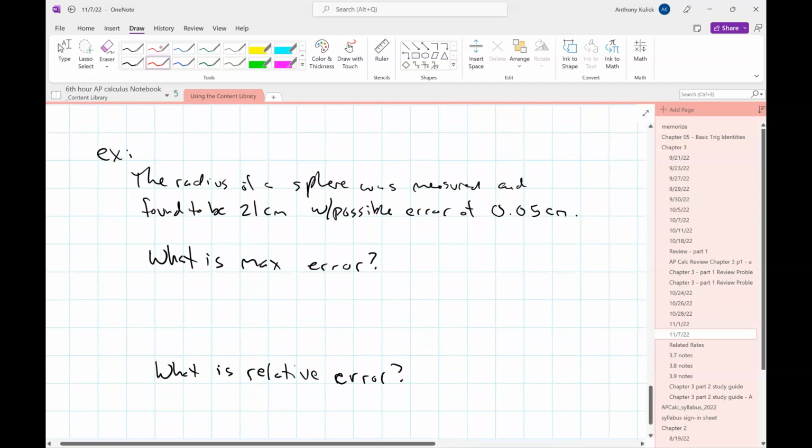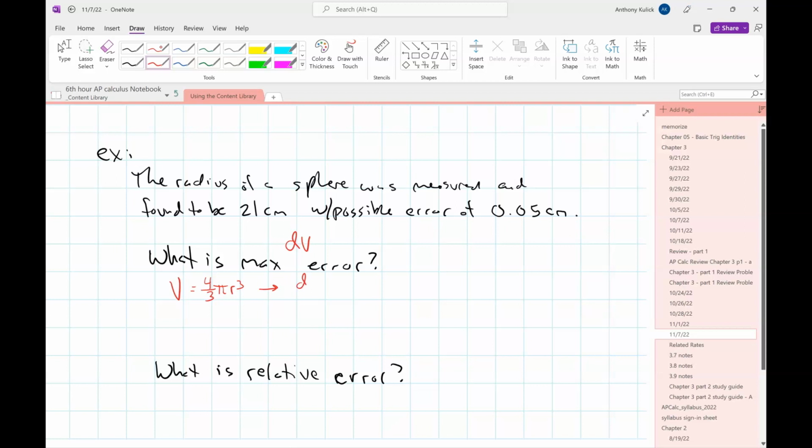So the maximum error in this case is just going to be the value for dV. The volume of a sphere is 4/3 pi r cubed.